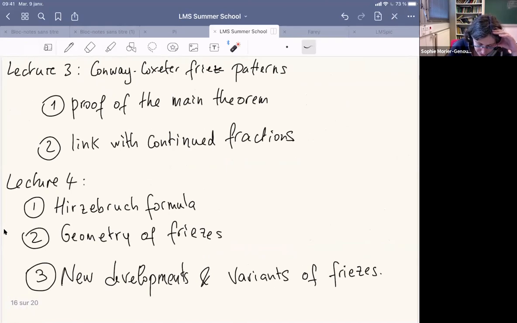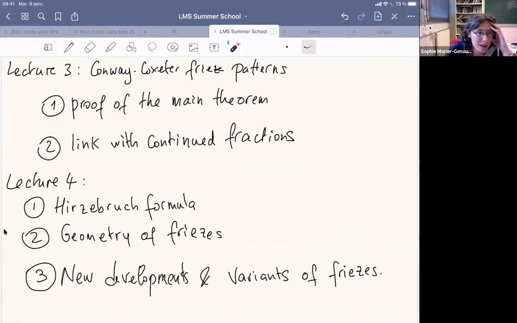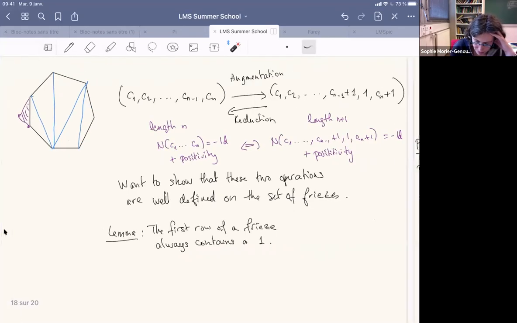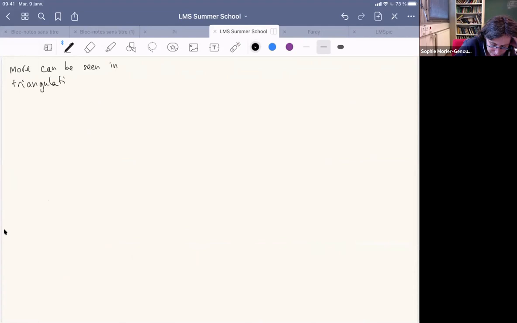My plan was now to go back to different nice tricks that you can play with the frieze and triangulation. So let's go over new things. More can be said or can be seen in triangulations and frieze business.